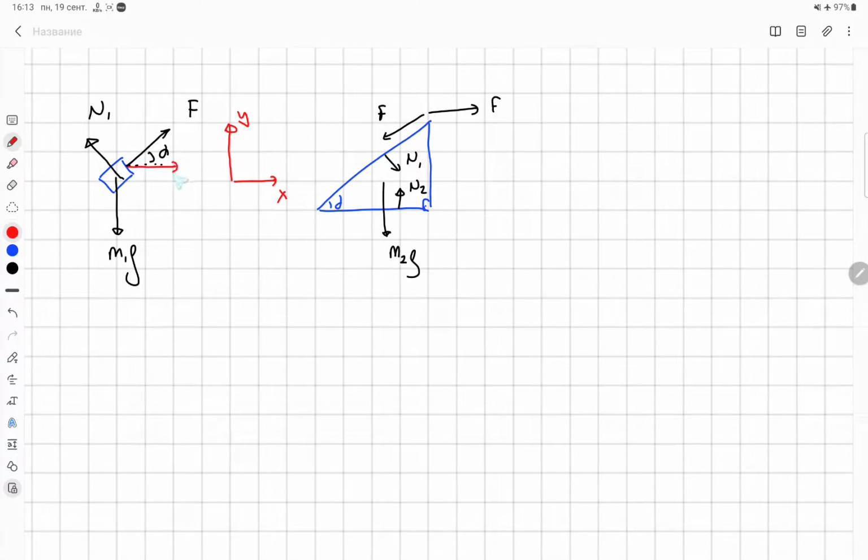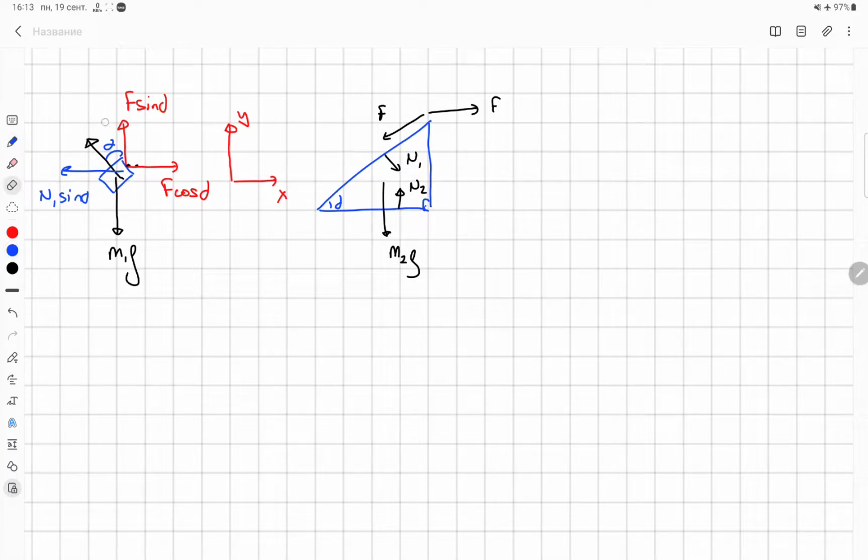So this will be F times cosine alpha. Upward we will have F times sine alpha. Now we can remove this one because we rewrote it in terms of components. And N1 also has 2 components. So here is alpha. To the left we will have N1 times sine alpha.